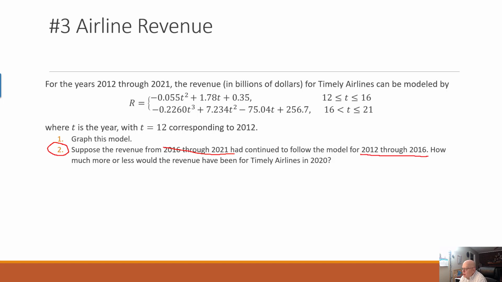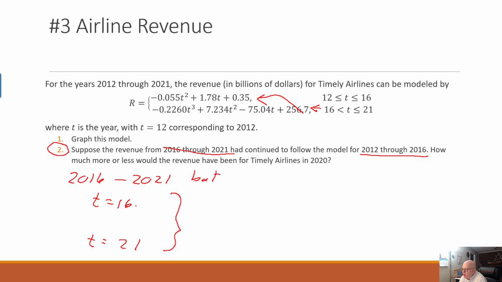So what you're going to do is you're talking about 2016 to 2021, but previously you would use this formula. This says you're going to use this model instead. So you'll use t equals 16 and down to t equals 21.